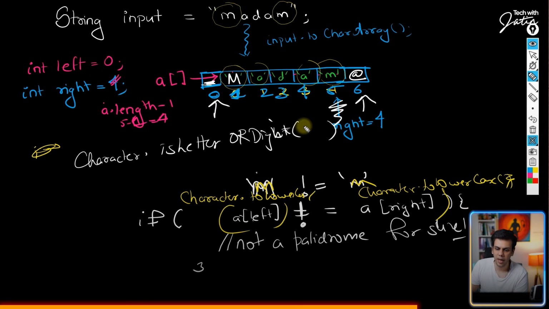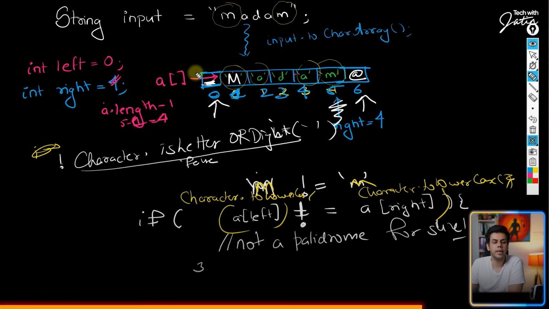So over here, if I'm going to give a space, basically means that, hey, this chap is not a letter or a digit. So this is going to give me false. I'm going to put a not over here. What is the opposite of false? True.